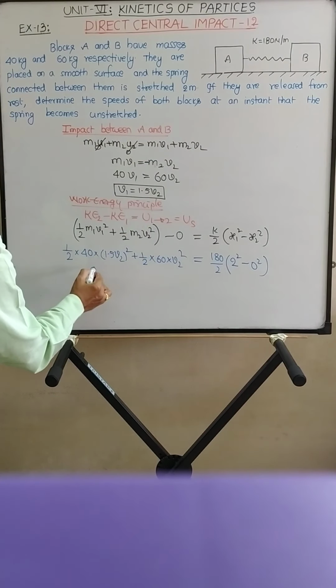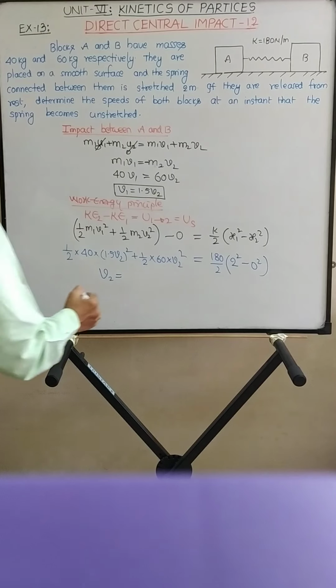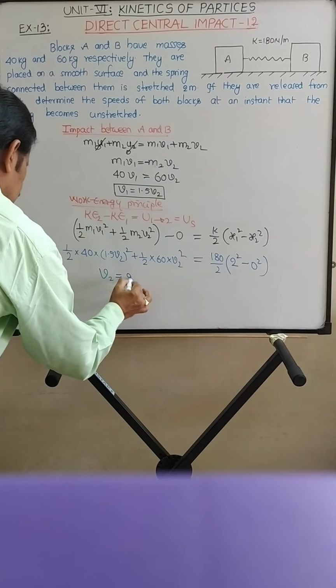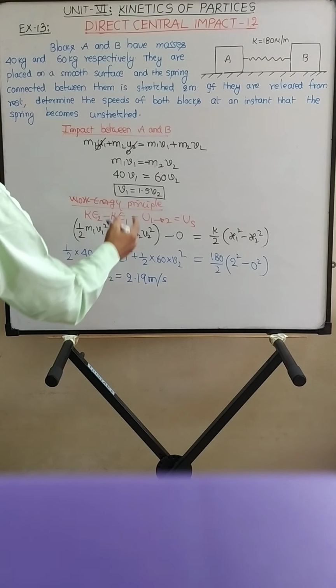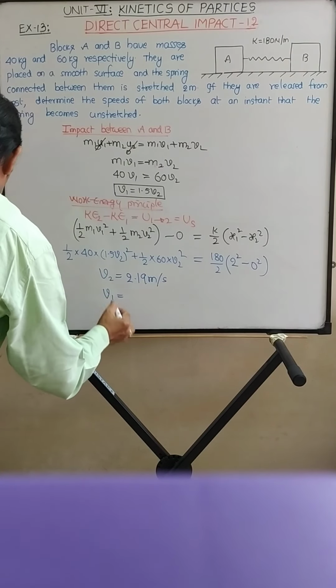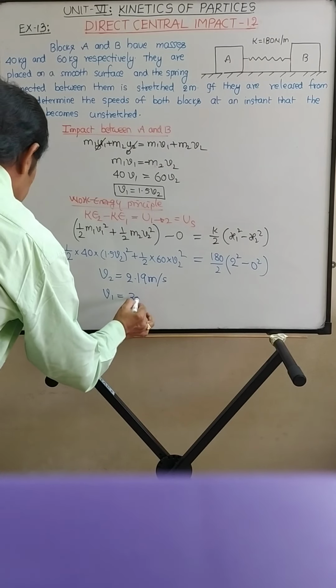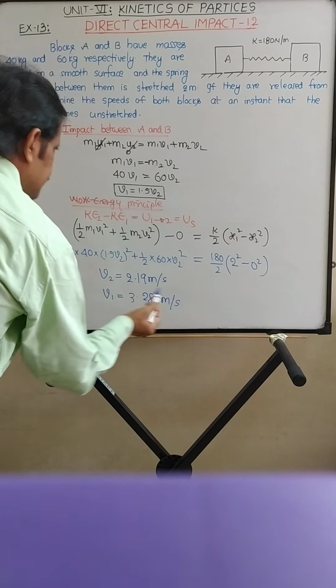Solving this equation, you get V2 as 2.19 meters per second, and putting it here, we will get V1 as 3.286 meters per second.